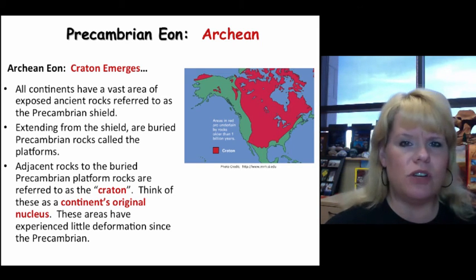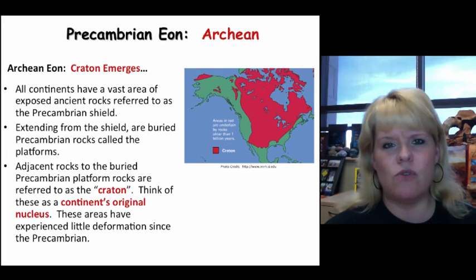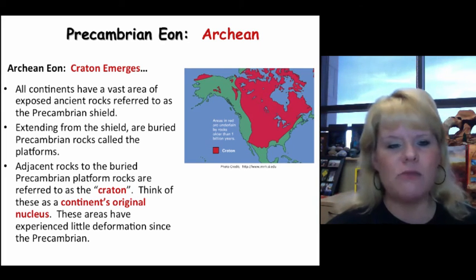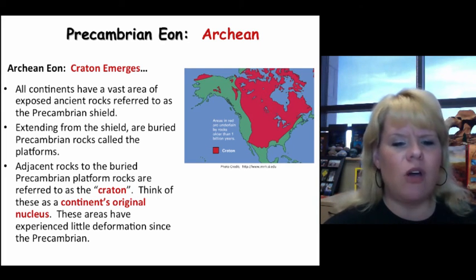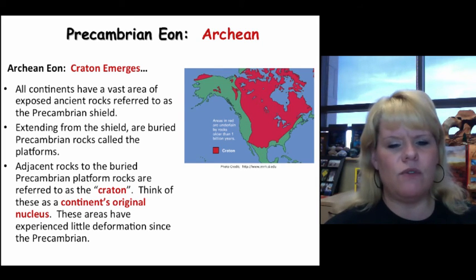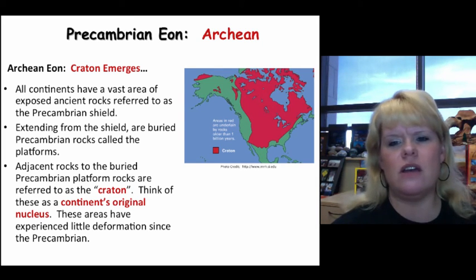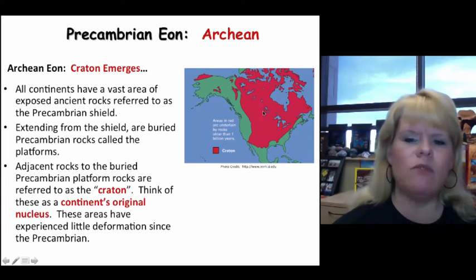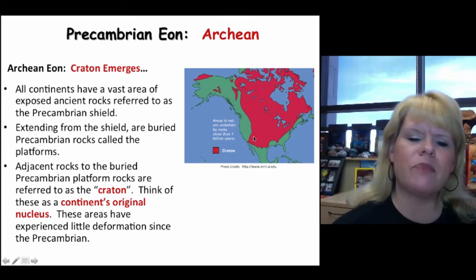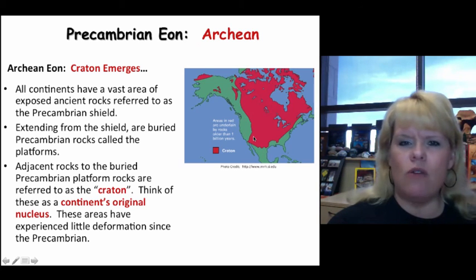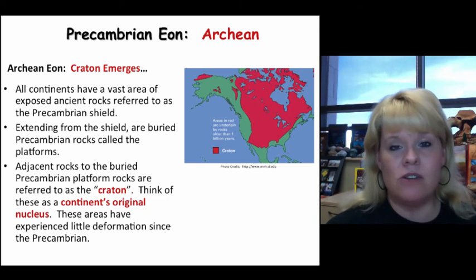And if you were to dig down through those sedimentary and other rocks above it, you would ultimately hit basement rock. The adjacent rocks to the buried Precambrian rocks are referred to as the craton. So the craton extends all the way out from the shield as far out as the edges of the original continents would go. So these are the original continent nuclei or shapes.